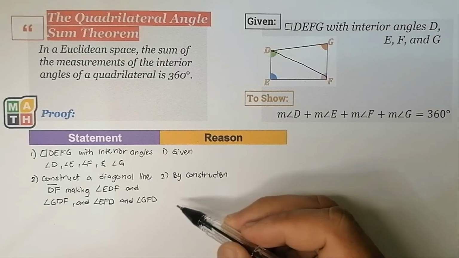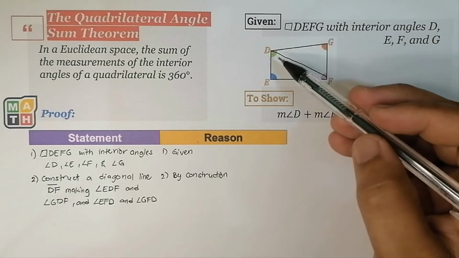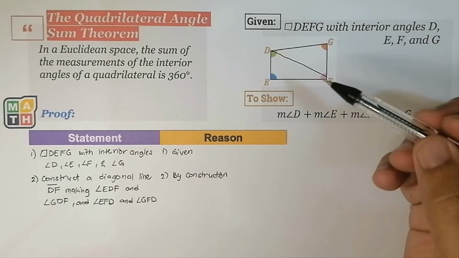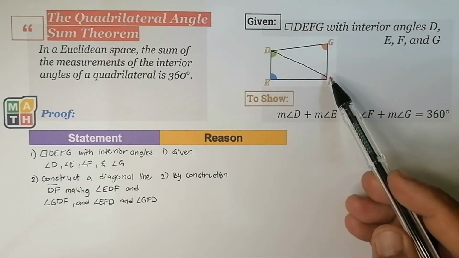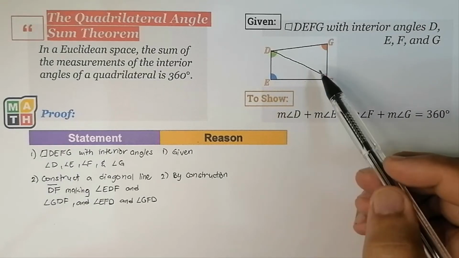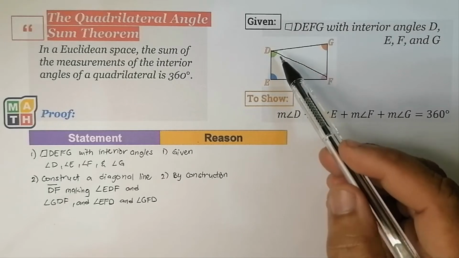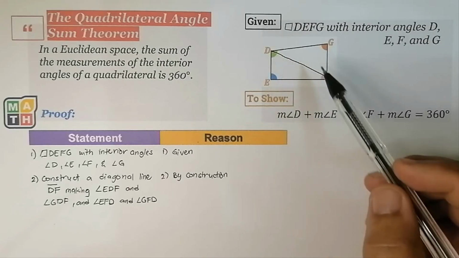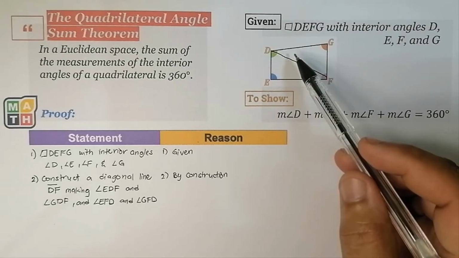Why did we come up with this construction, and why is it that we have divided these angles here, where that angle is part of what we would like to show as well as the other angle at the bottom? Take note that there are no given measurements to any of these angles here. Also, we cannot say that the angles that were divided by this diagonal line are congruent.